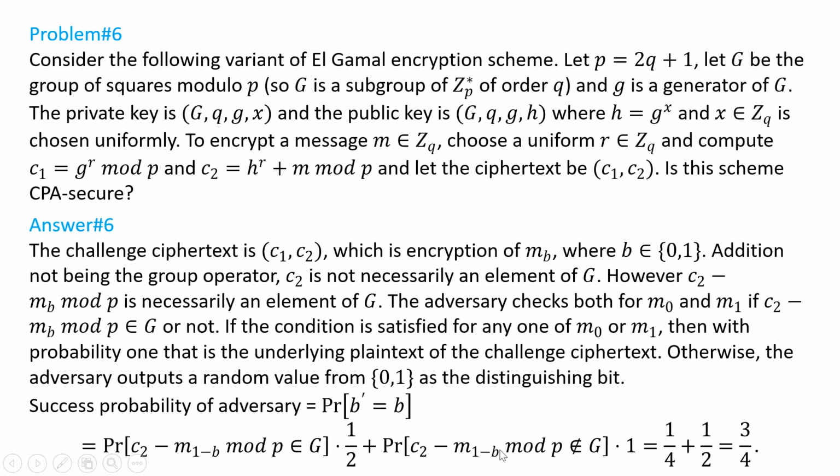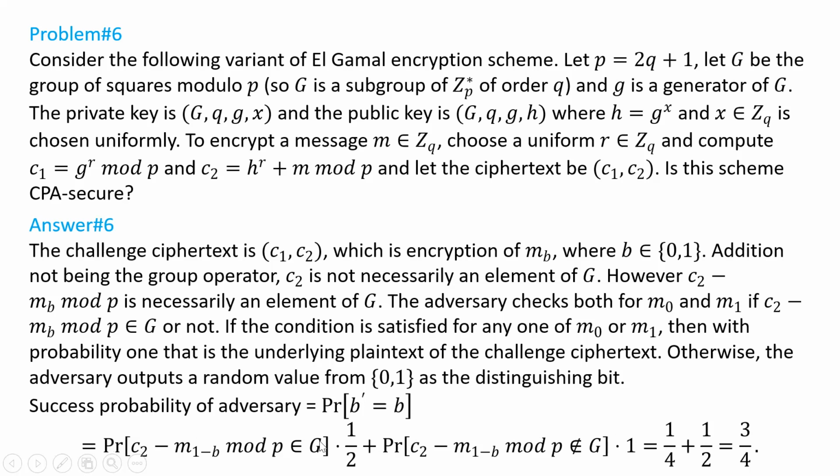Plus there is another case, where C2 minus M1 minus B mod P does not belong to G. If this element does not belong to G, then of course it can say with 100% probability that MB is the one which is encrypted in C1, C2. So that is why this probability is 1.